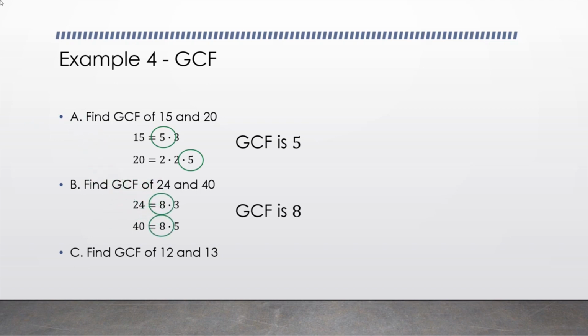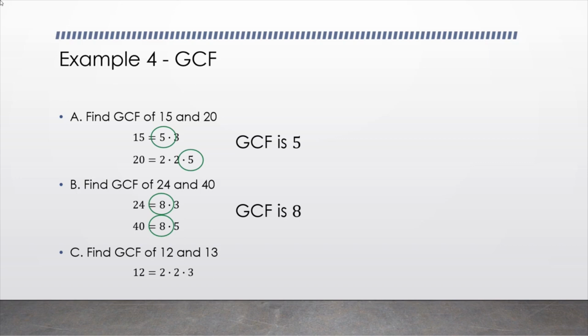And so that means that the GCF is 8. They also have a 2 in common, a 4 in common, but 8 is the largest one. Remember, GCF is the greatest common factor. Now, you could split it up, do a prime factorization. You would end up with 2 times 2 times 2, so that they would have 3 2's in common. So you would circle all of those, and you would multiply them. And 2 times 2 times 2 still gives you 8.